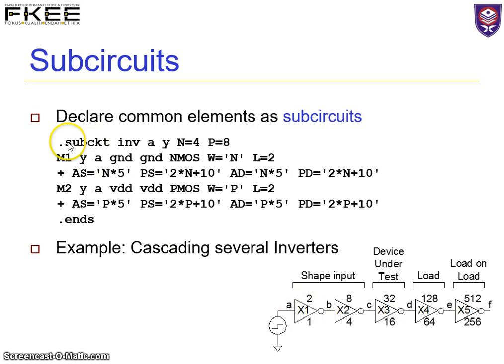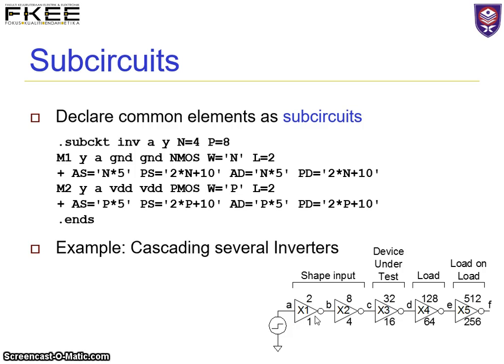So this is an example of a sub-circuit of an inverter between node A and Y. We have two transistors, M1, M2, NMOS and PMOS, with all the models over here. And then this sub-circuit will be used, for example, if you want to cascade several inverters, in the main netlist.